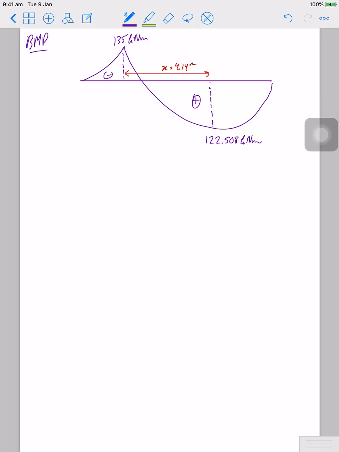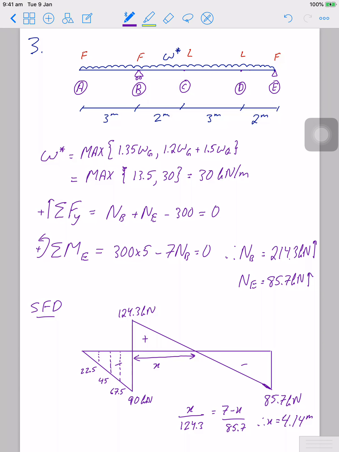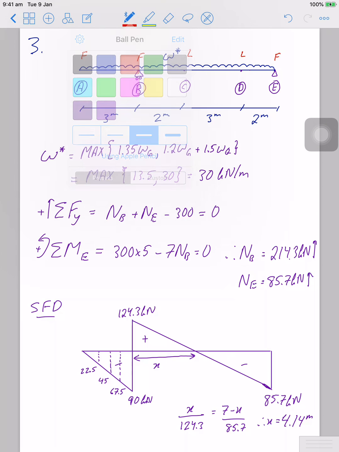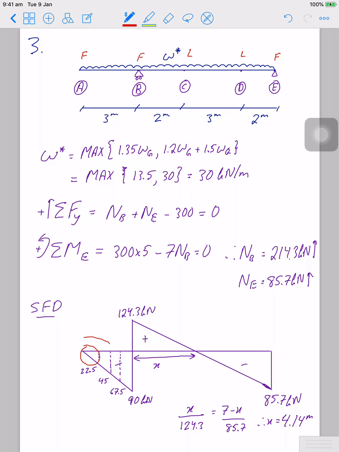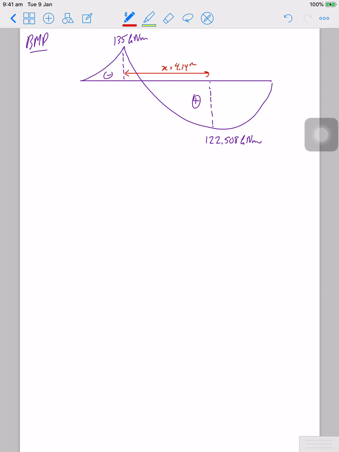So if you find the area of these triangles, this triangle, that triangle, and this, you can get your bending moments at those points.